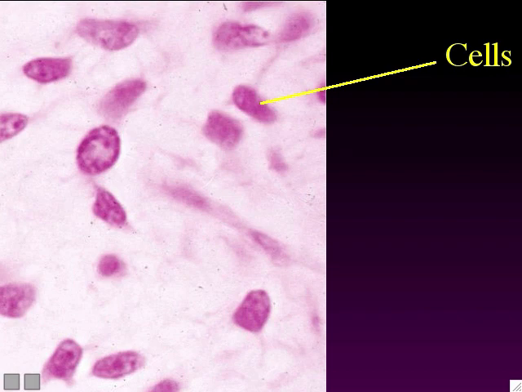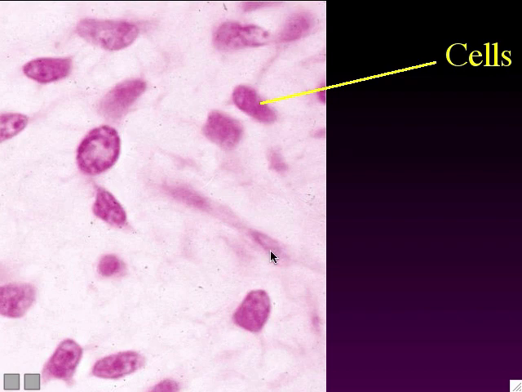Connective tissues, as you can see here, the cells don't touch each other, whereas in epithelial tissues, the cells do touch each other. They're packed tightly. That's a trait of epithelial tissues in general. The cells of connective tissues, in general, don't touch each other.